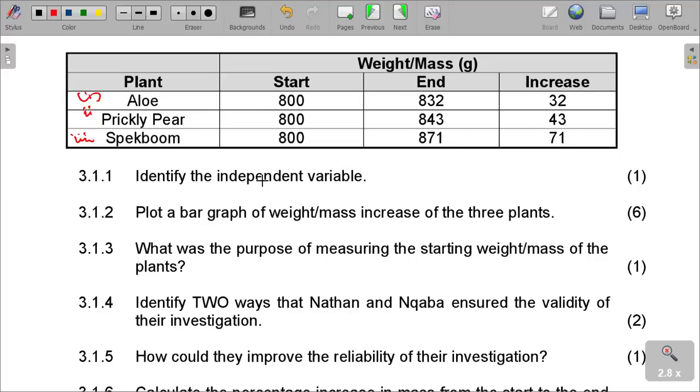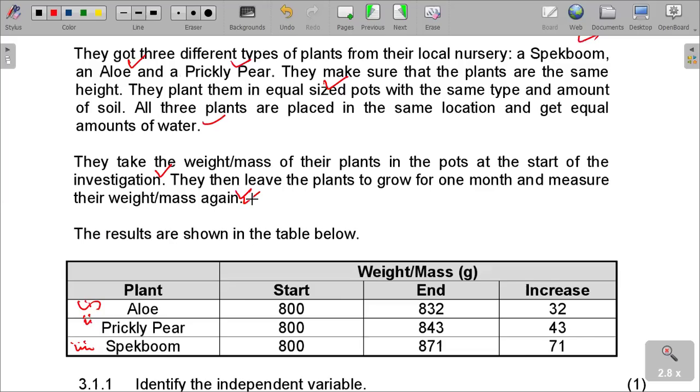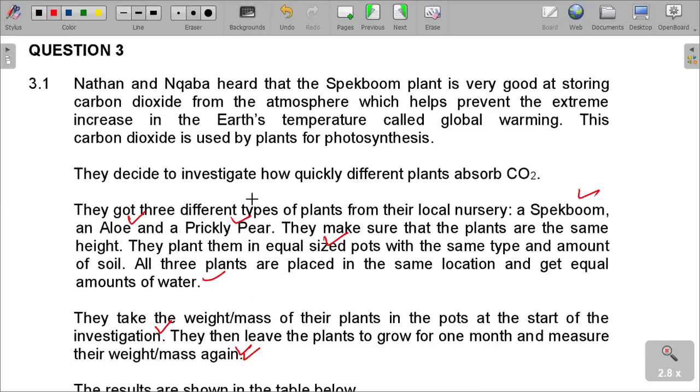And then the question is saying identify the independent variable in this investigation. If you check here, they decided to investigate how quickly different plants absorb carbon dioxide. Our dependent and independent variables are found in the statement of the investigation.